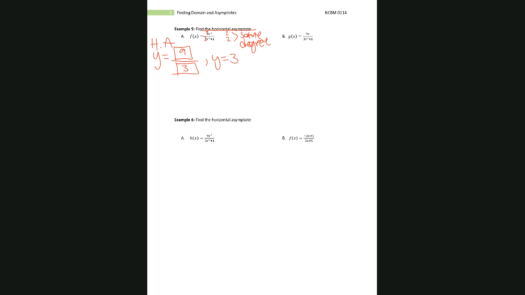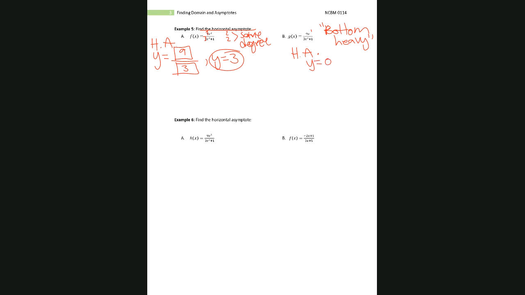The next equation happens to be bottom heavy, because the degree of the bottom is a 2, the degree of the top is a 1. So by default, the horizontal asymptote of any bottom-heavy rational function will be y equals 0, unless there's a vertical shifting going on.